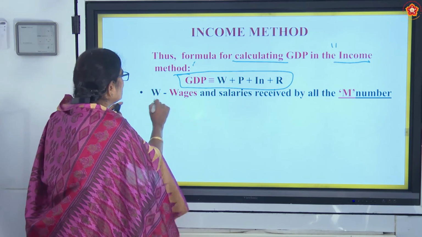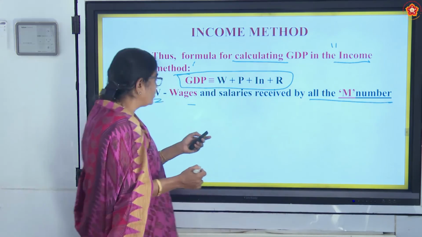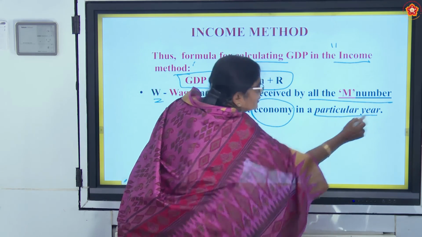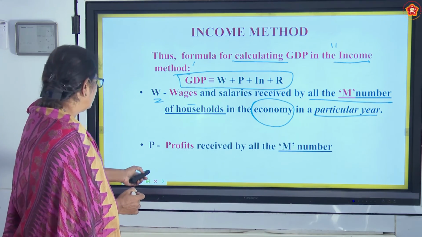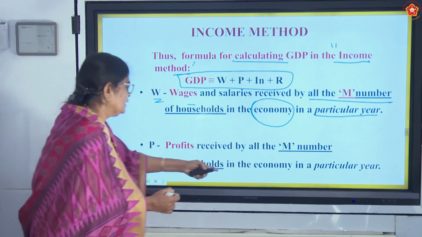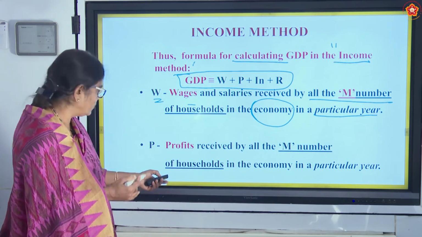Therefore, W is wages and salaries received by all the M number of households in the economy in a particular year. And P is profits received by all the M number of households in a particular year, because M is the number of households, the total economy.